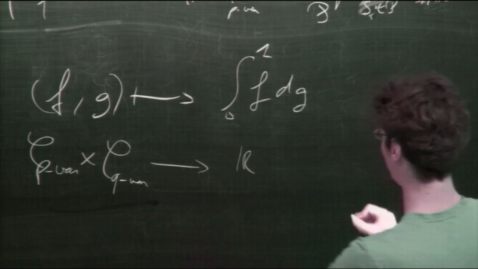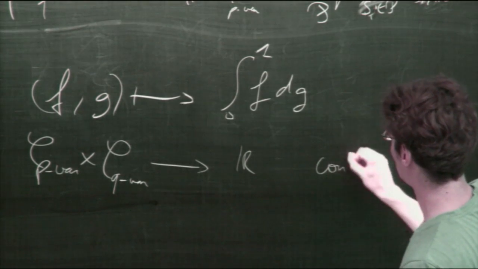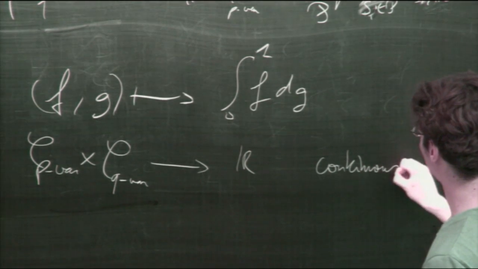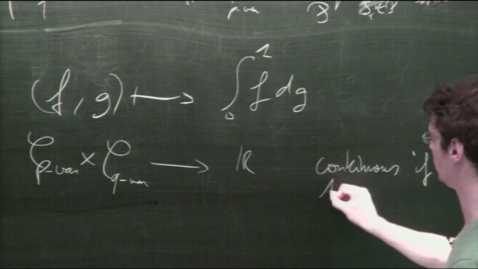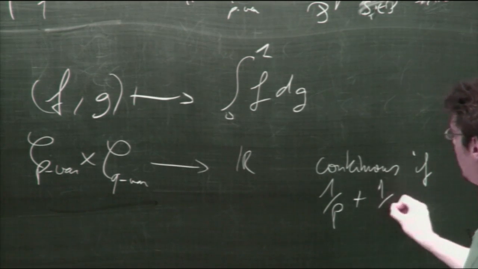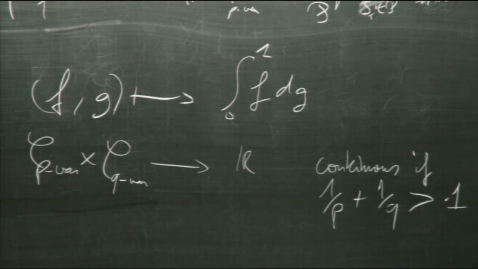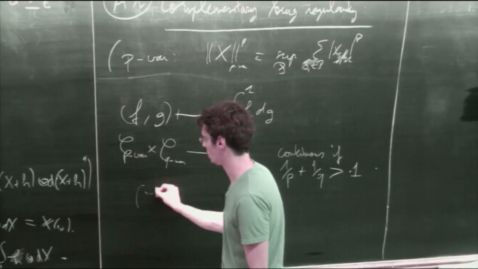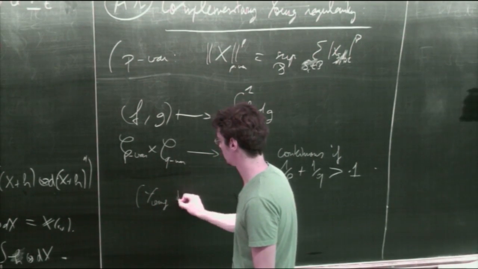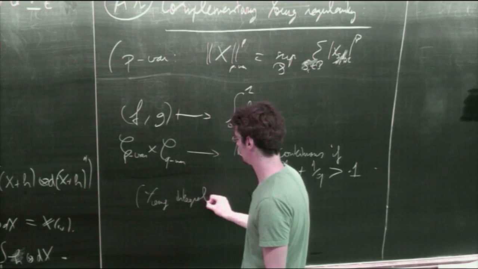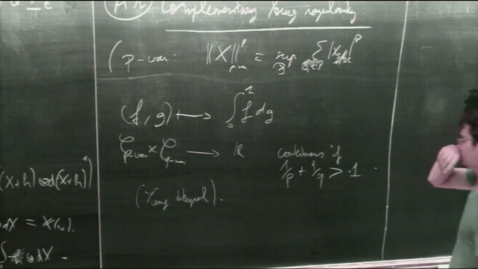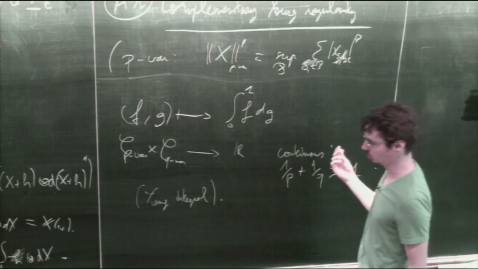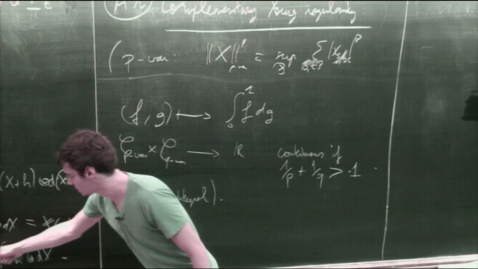This thing is well defined and continuous as soon as you have this Young condition, which is that the inverses of the coefficients add up to something strictly greater than 1. This is known as the Young integral. Here we basically just assume that we can define these things as Young integrals.